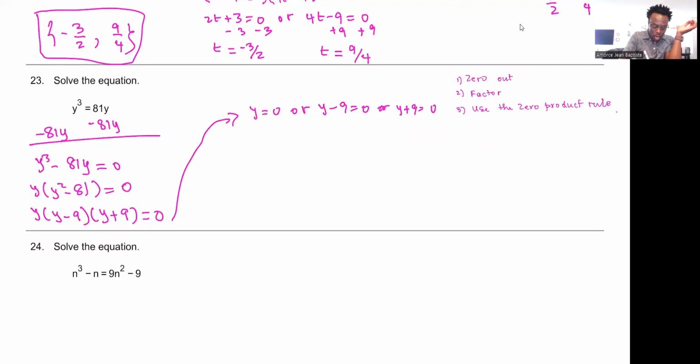And then now we solve each. This one's already y equals 0. We have it. And then y equals 9 for this one, and y equals -9. So your solution is 0, 9, -9.